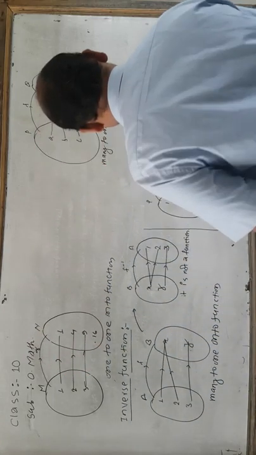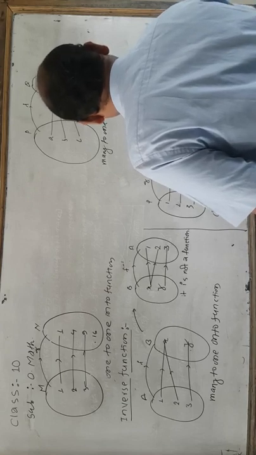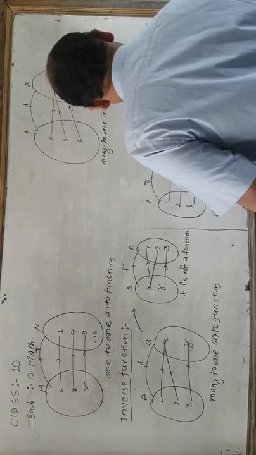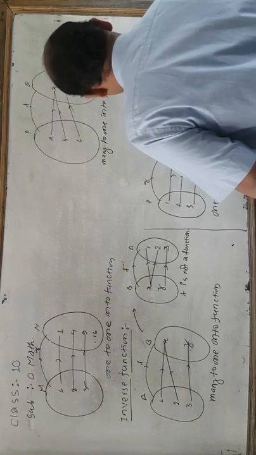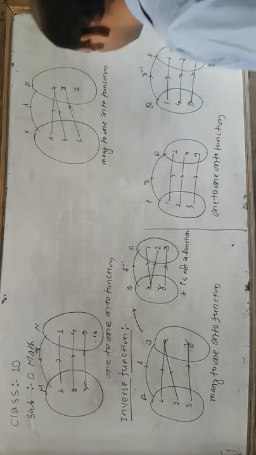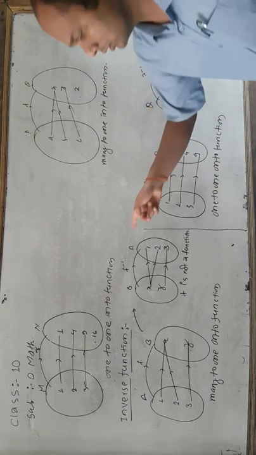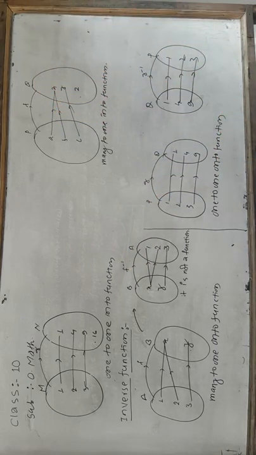Now look here. Here we have set Q and set P, with 1, 4, 9 and 1, 2, 3. Now this is g, and here you write its inverse as g inverse. We denote the inverse by f to the power minus 1. This represents the inverse of the function.